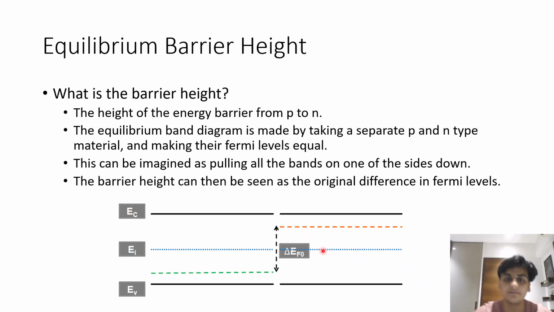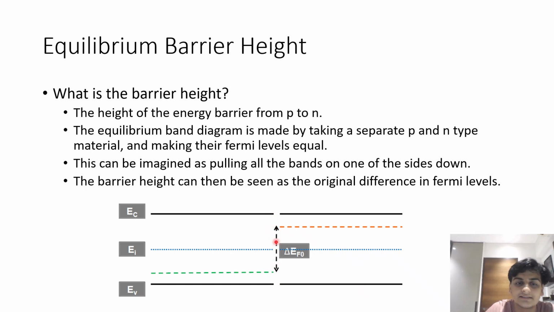So that energy difference that is created across maybe the conduction band as well as the valence band is essentially due to this pulling down of the bands to make this Fermi level flat. So that energy difference is precisely the difference between the two Fermi levels.